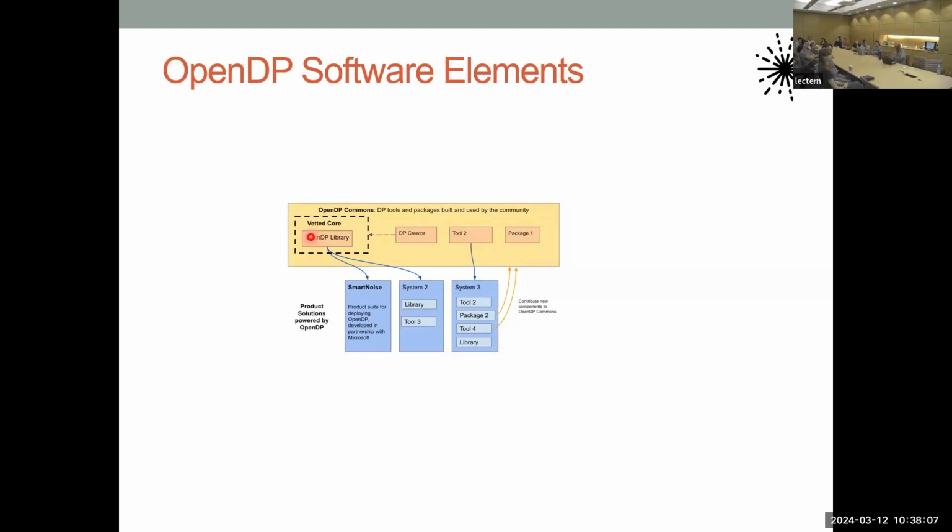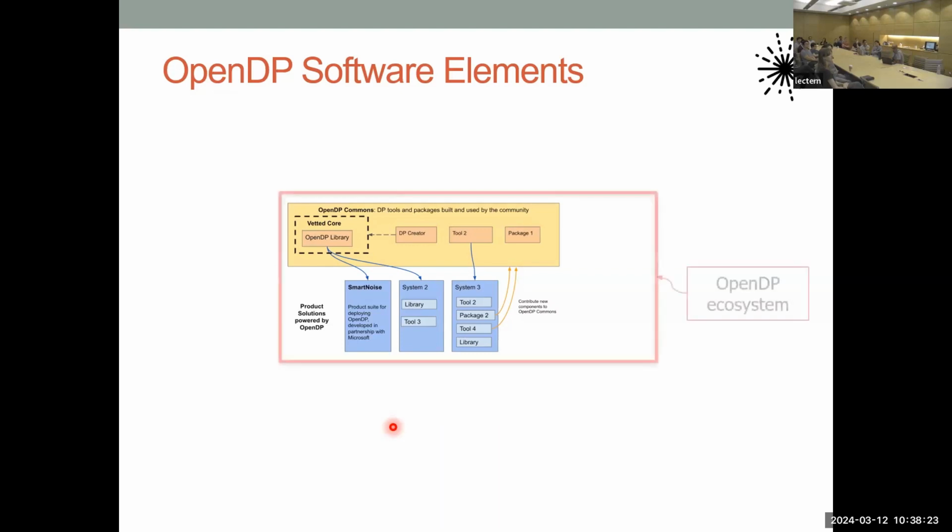Okay, so let me talk a little bit about the OpenDP software, which will lead to some of the research questions I want to end with. The OpenDP software, sorry, this is a little bit small, is divided into two parts. This is the overall OpenDP ecosystem.